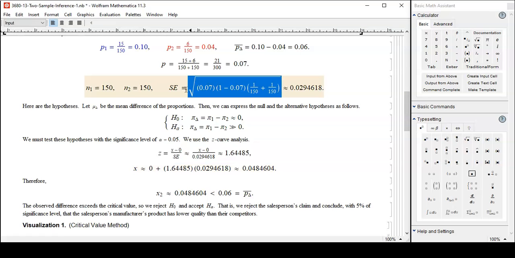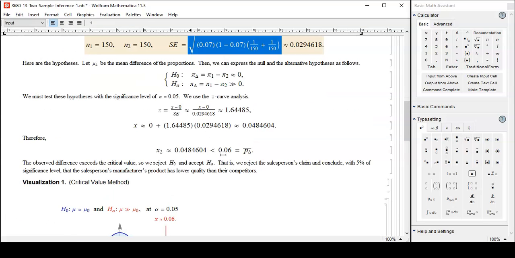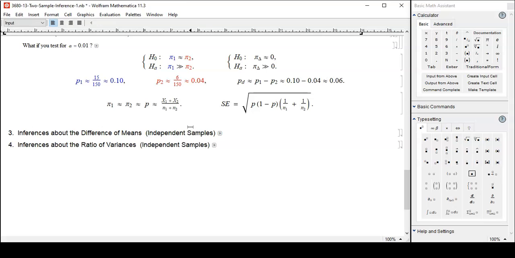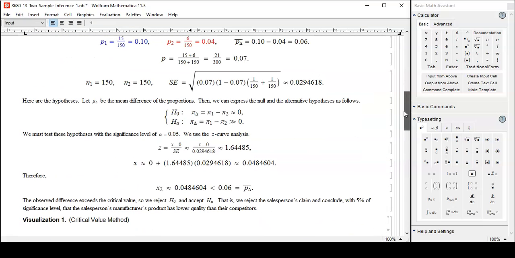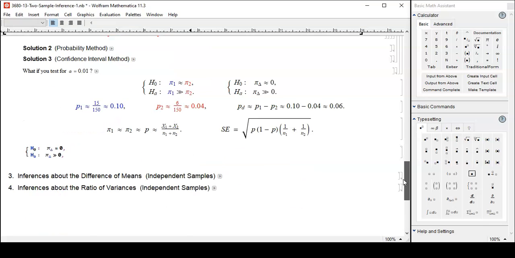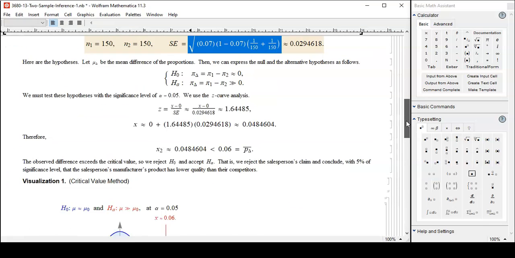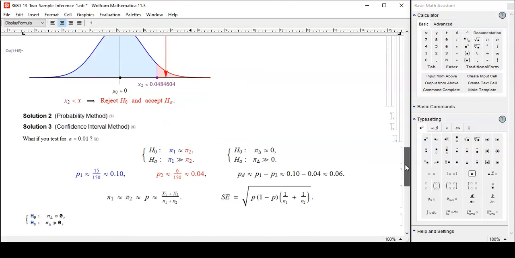By the way, what if we use the SE incorrectly? Okay, we just take this.